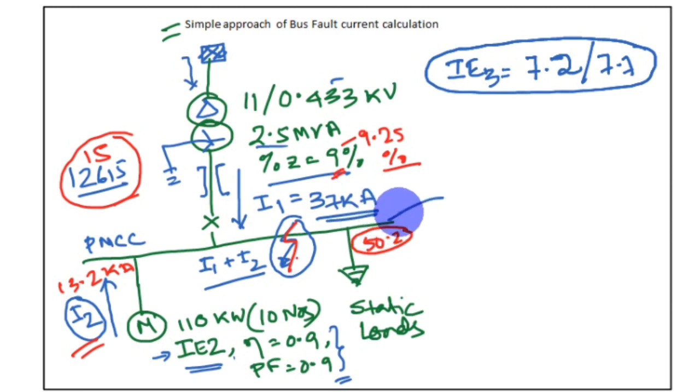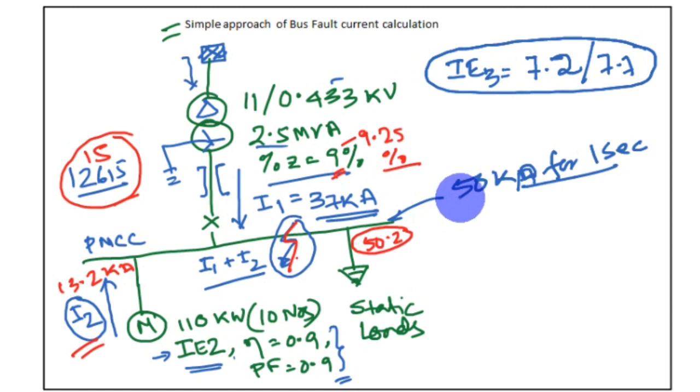So this bus will be rated for 50 kiloampere for 1 second. By this technique you can easily calculate the fault current of any bus and finalize the short circuit rating of the bus. You don't need ETAP to get a detailed calculation, and this value will give you an almost accurate figure.